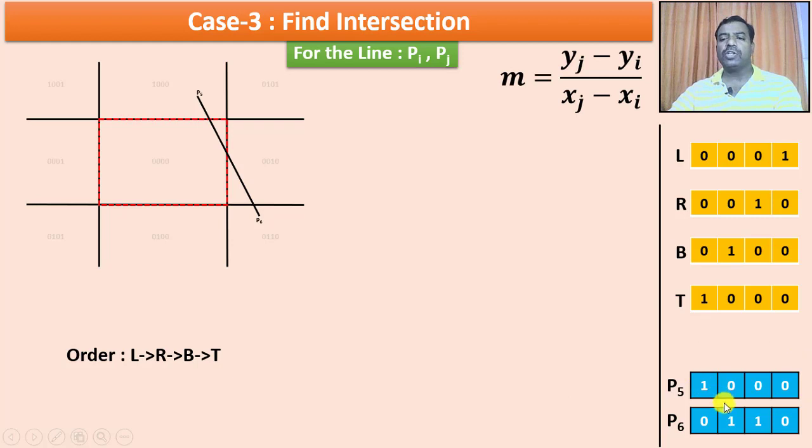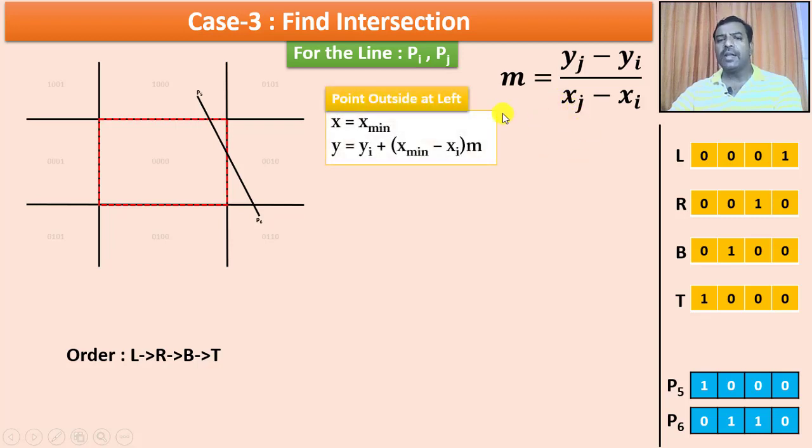So now we are going to have the P5 position, and we are going to use the slope as m. And whenever we want to find any intersection, we are going to check the point outside at left. When there is an intersection of the line at the left boundary of your clipping region, this is the formula we are going to use to find the intersection point.